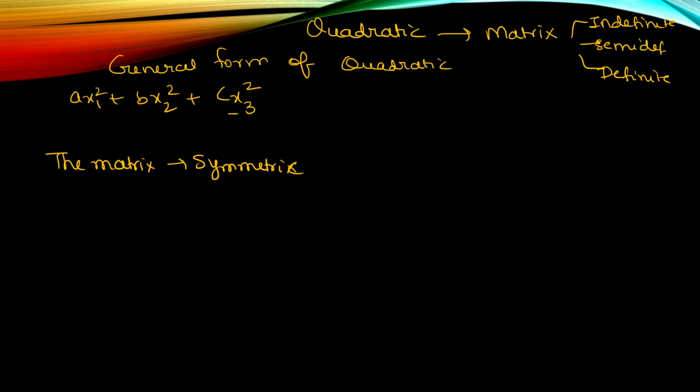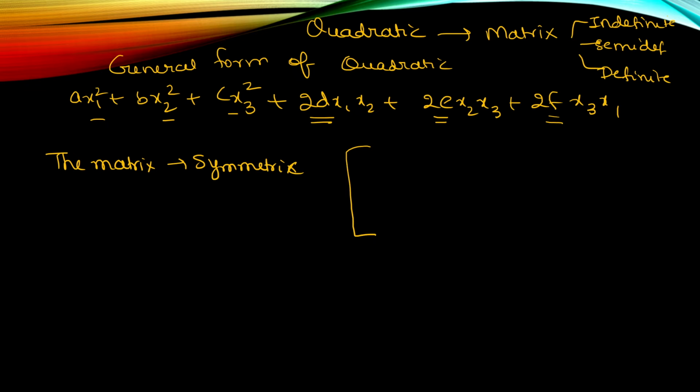You can see I have three variables here, so that means my matrix is going to be of order 3 by 3, right? Then 2d x1x2, 2e x2x3, 2f x3x1. What is happening? I have deliberately considered these values 2d, 2e, 2f. You know why? See, I am making a general matrix from it.